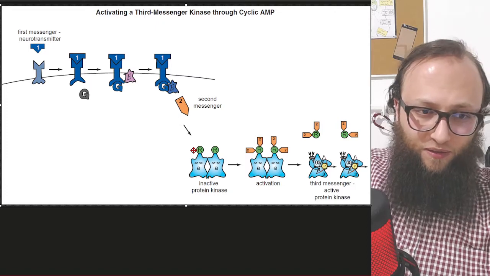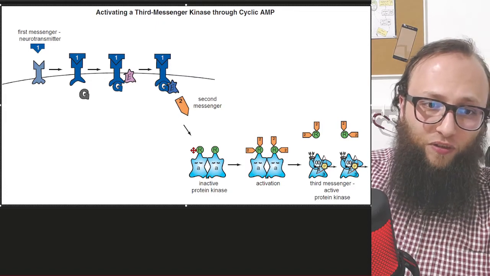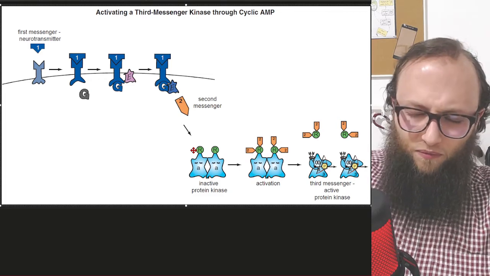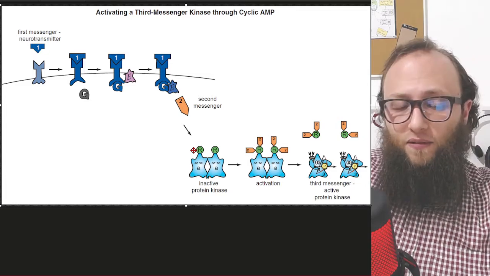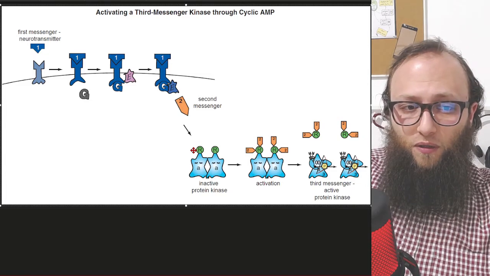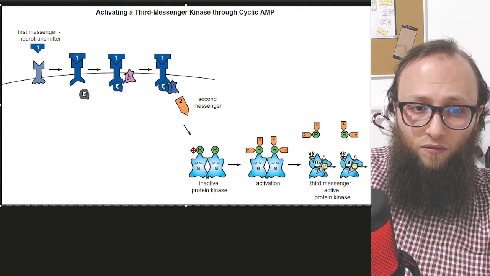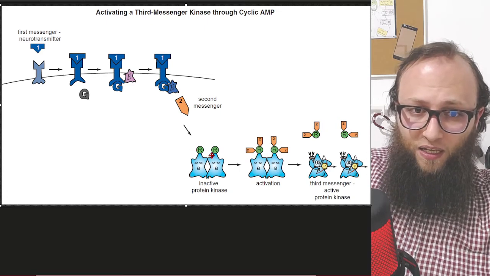So that would be dissociating them from the protein kinase dimer. The second messenger would dissociate the regulatory units to activate the protein kinase, as we can see here.